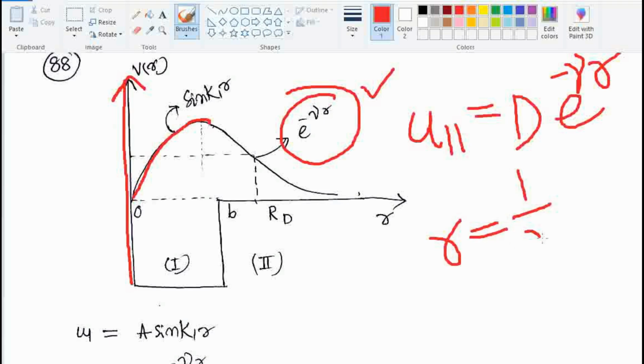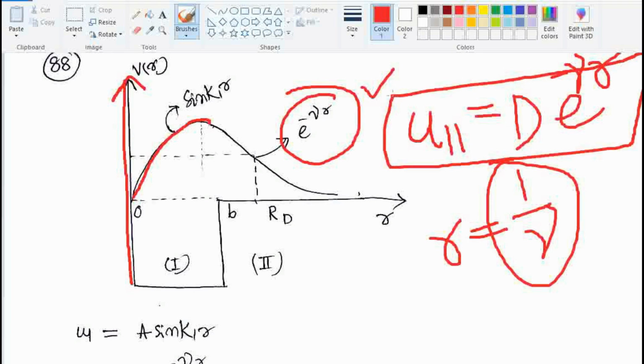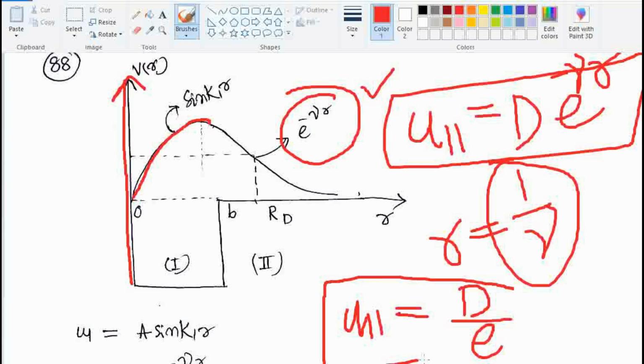So if you put this 1 by gamma in the place of r in this wave function, then you will get u2, the wave function in region 2, equal to d by e. Because there is a minus sign here, minus gamma into 1 by gamma, so e to the power minus 1, that means d by e.